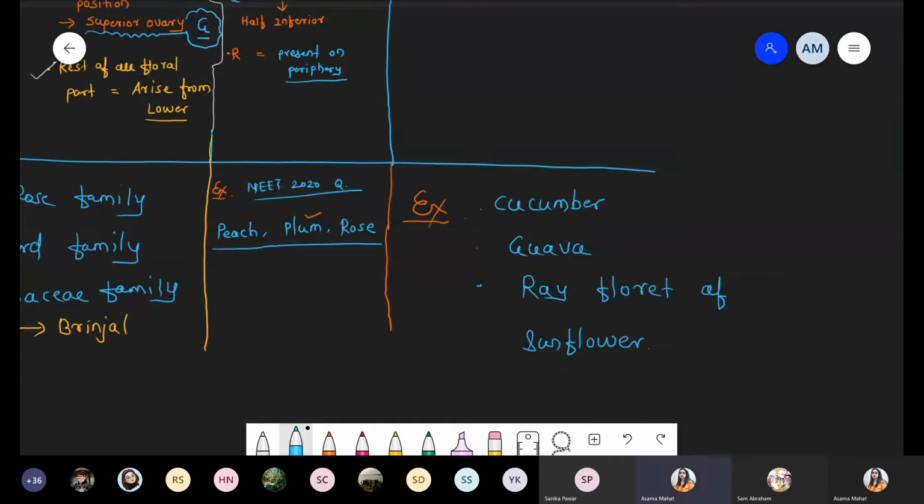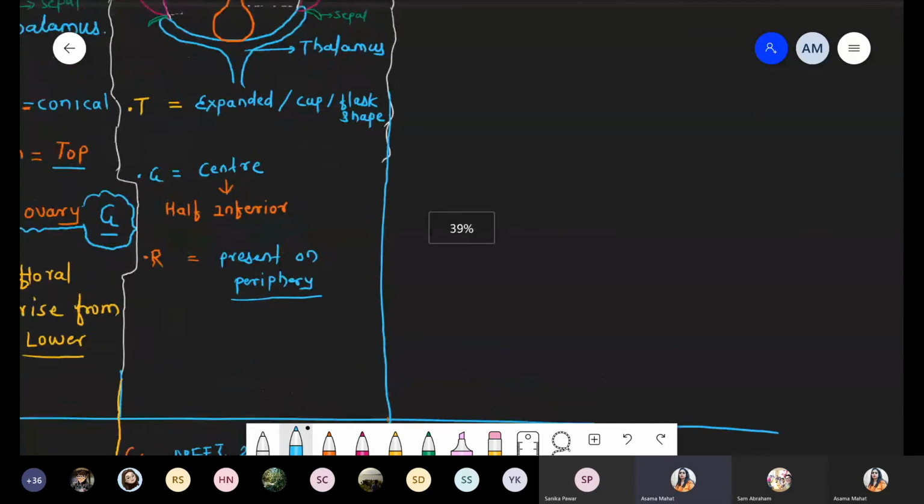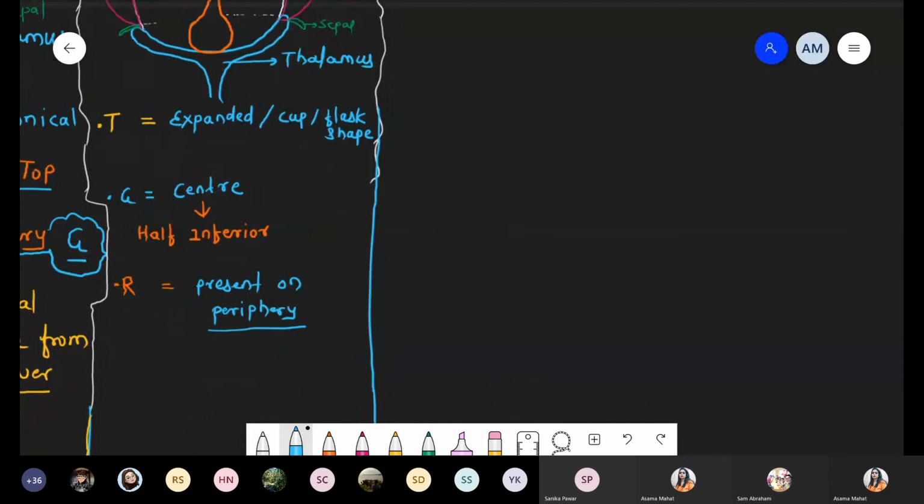Okay, we'll discuss it later. So this part is done. Should I continue? So first of all, we write down the information. T is for the position or shape of the thalamus. So now T basically is the curvature.